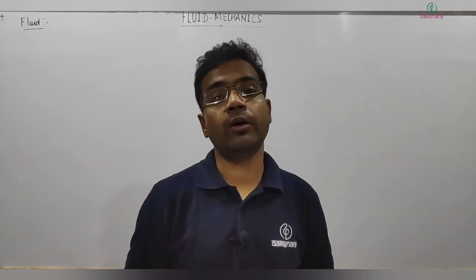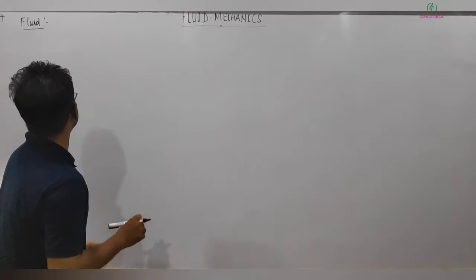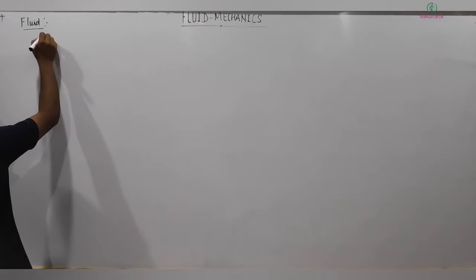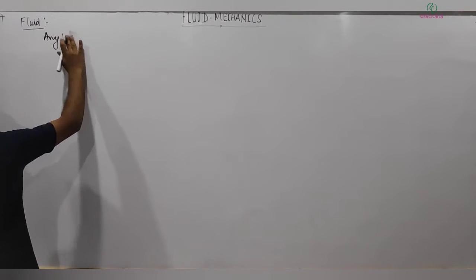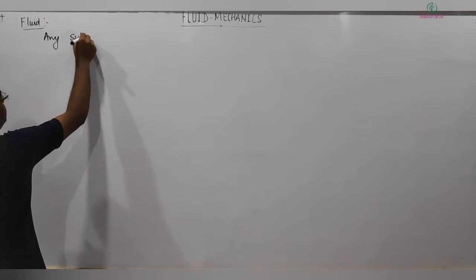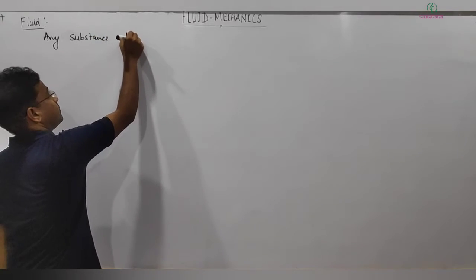So let me start first with the definition of fluid, how we can define fluid, or what is the exact meaning of fluid. So simply I can say the fluid is any substance or material which can flow.